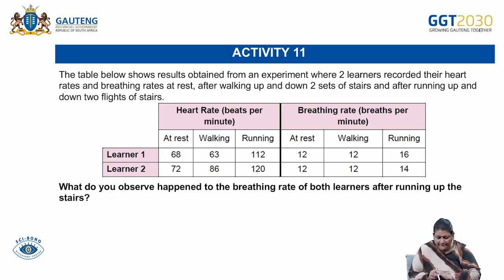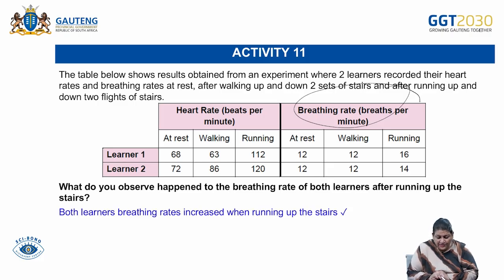What do you observe happened to the breathing rate? Now we look at this column. To the breathing rate of both the learners after running up the stairs. Let's see now. Both the breathing rates. See, at rest they were just breathing at a normal value of 12. But when they ran up the stairs, the breaths per minute increased to above 12.